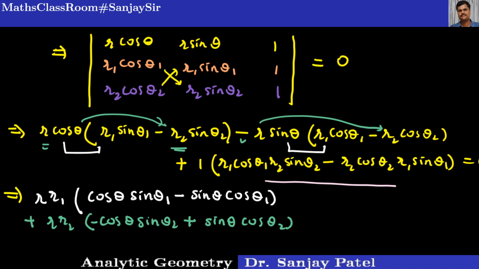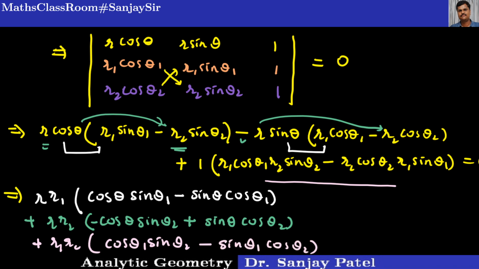So just taking r1 r2 common, we can write r1 into r2 into bracket cos theta 1 into sine theta 2, okay, minus sine theta 1 into cos theta 2. This is equal to 0. So we have these three groups of terms.